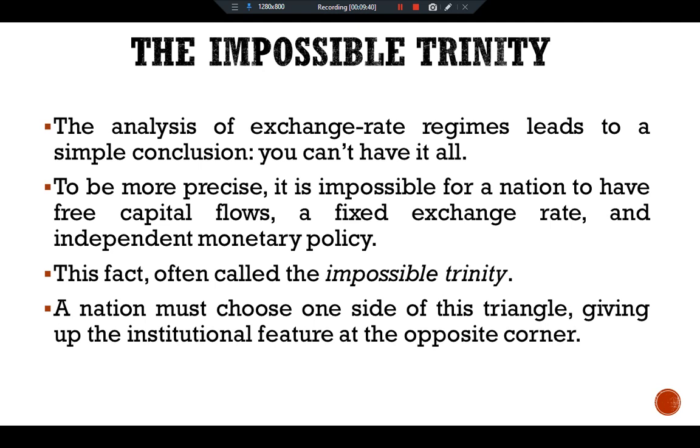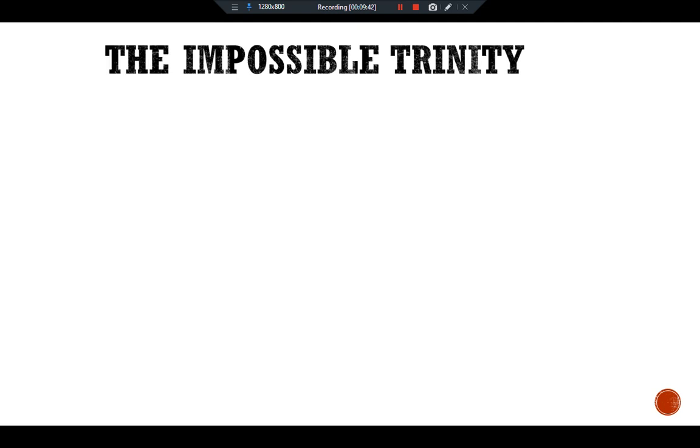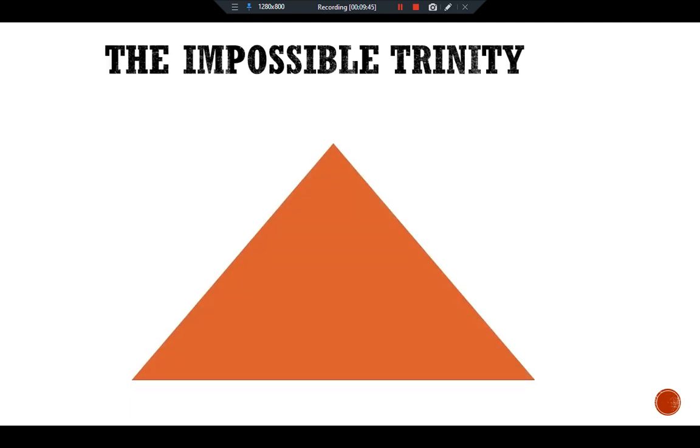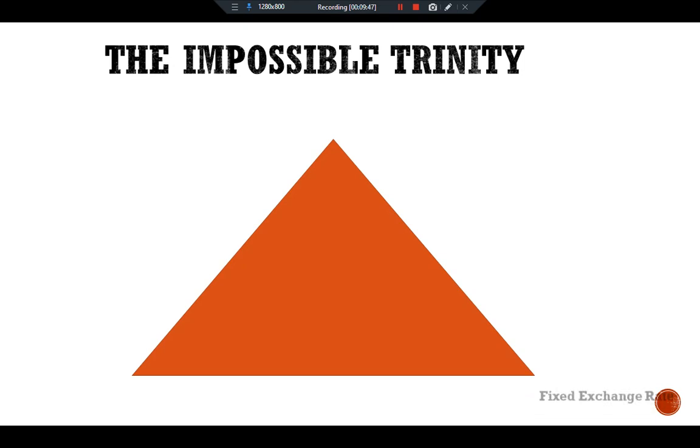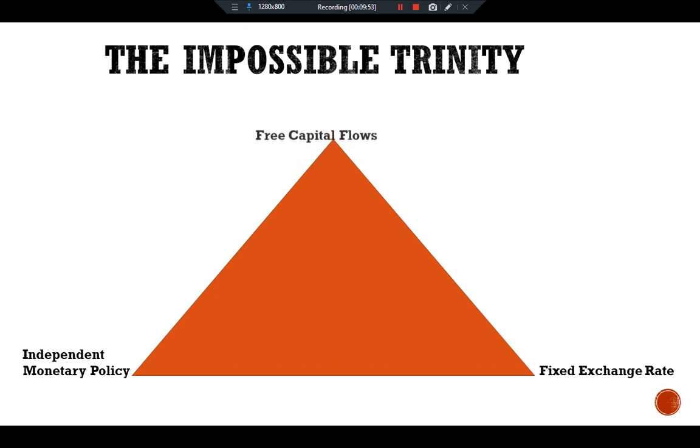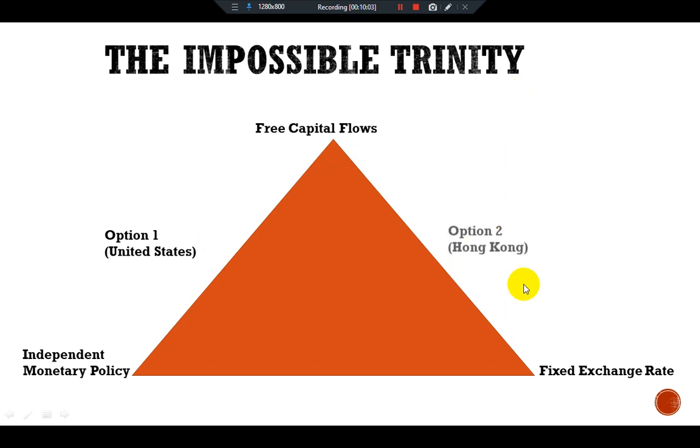So let's discuss the triangle of the impossible trinity. We have here three options. First is the fixed exchange rate, second is the independent monetary policy, the third is free capital flows. And we have here the three options. The first option is the United States option, the second option is the Hong Kong option, and the third option is China.